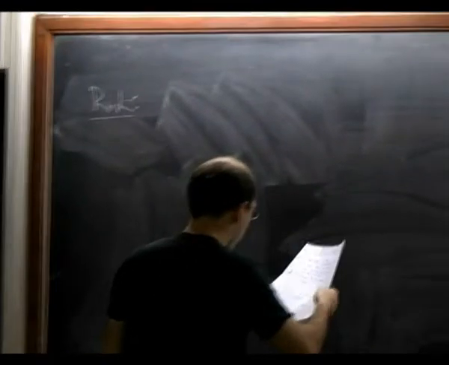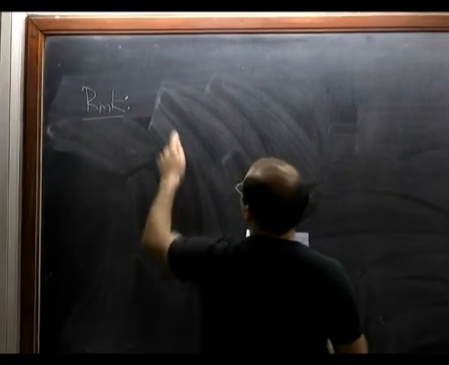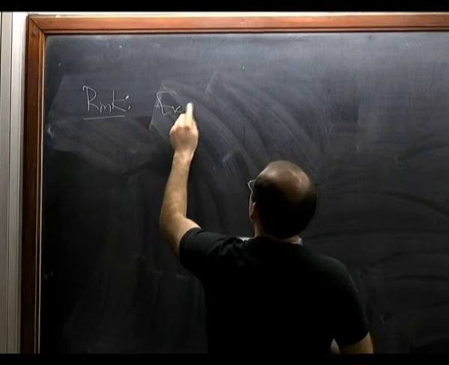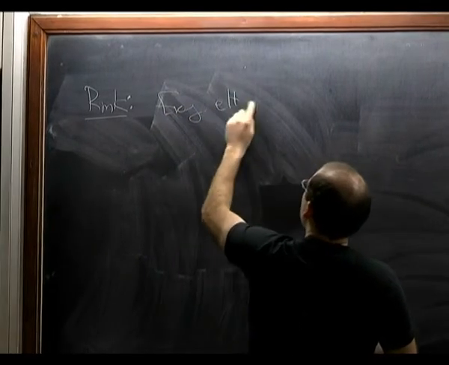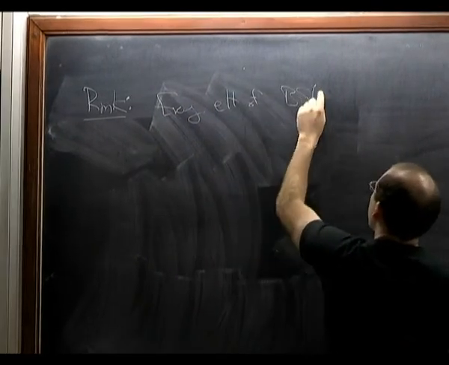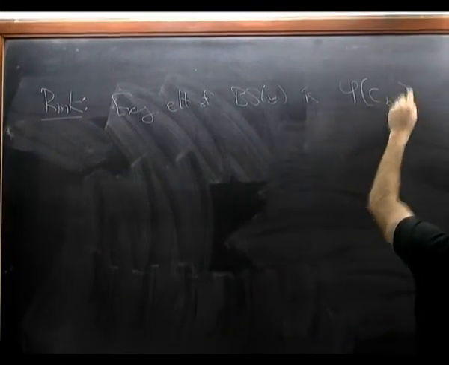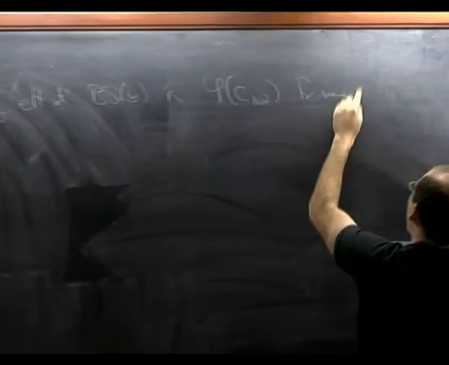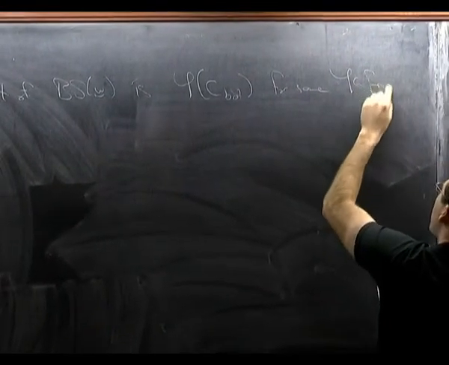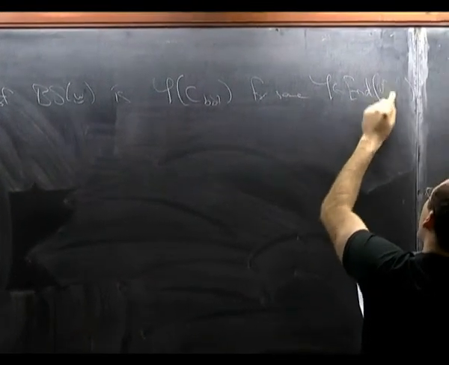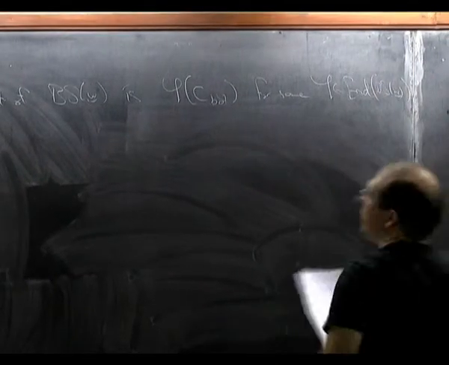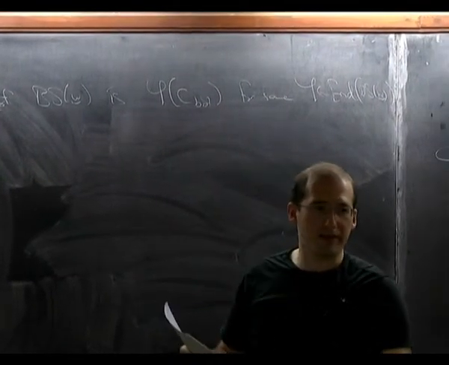I think we may use this once more in the course, but it's not going to be so important. Every element of a Bott-Samelson is phi of C-bot for some endomorphism, since we've constructed a basis of this form.